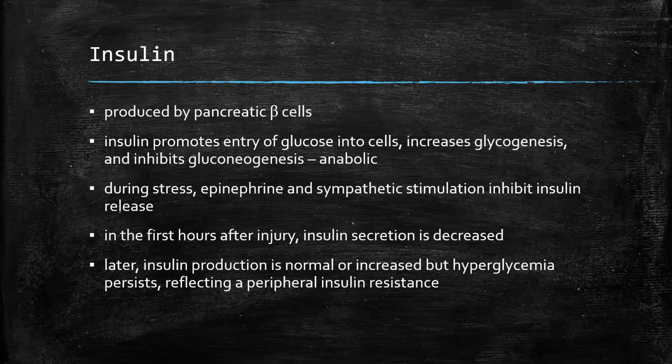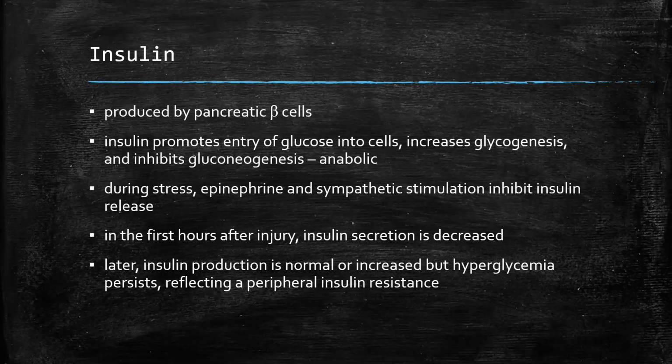Insulin promotes entry of glucose into specific cells, mostly muscle and fat. And so it supports the synthesis of glycogen and inhibits gluconeogenesis. This is not what we want in the first couple of days after injury. Interestingly enough, after about 24 hours, insulin production actually is increased.